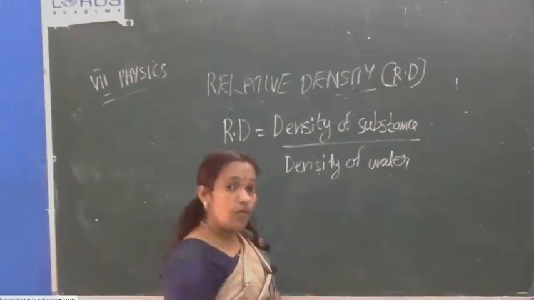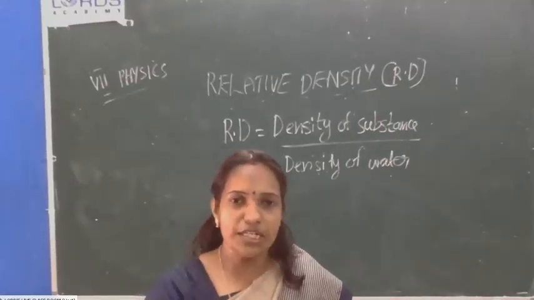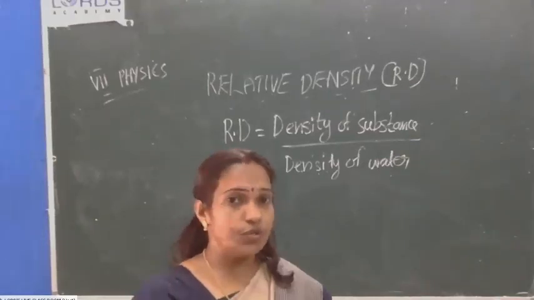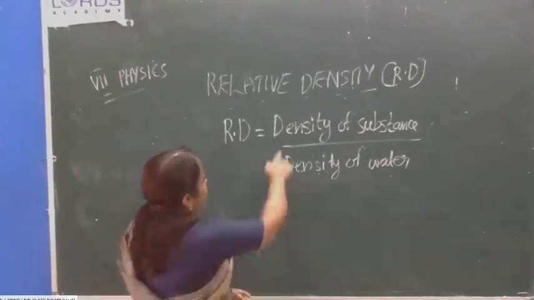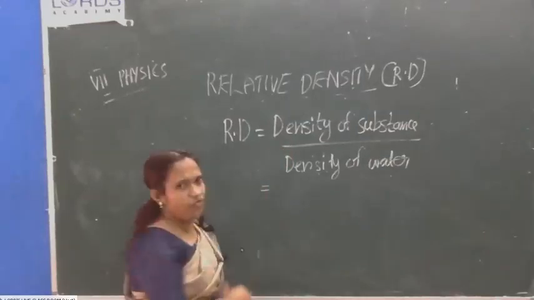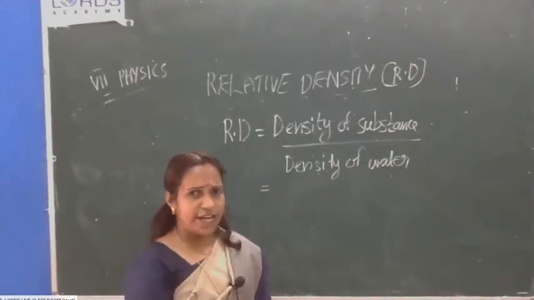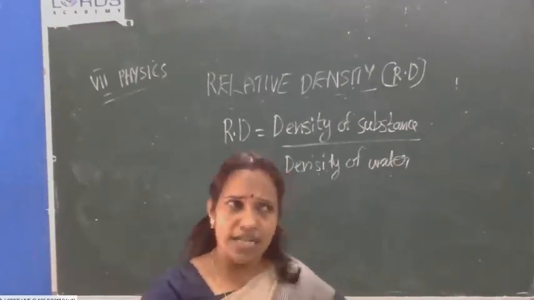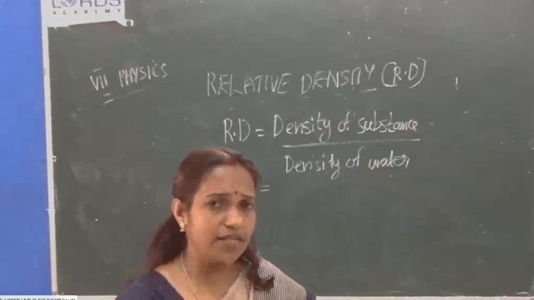Then one more equation is there. One more equation for relative density. So for numericals, for doing that, you should know that also. Already you studied the definition of density. Mass by volume we studied. Other than that, last class I taught you one more definition. Density is the, like that.